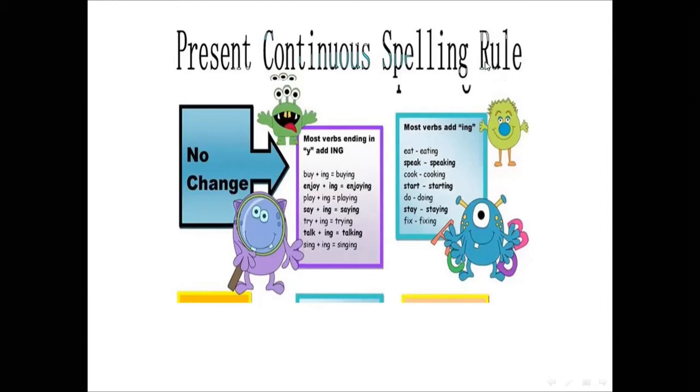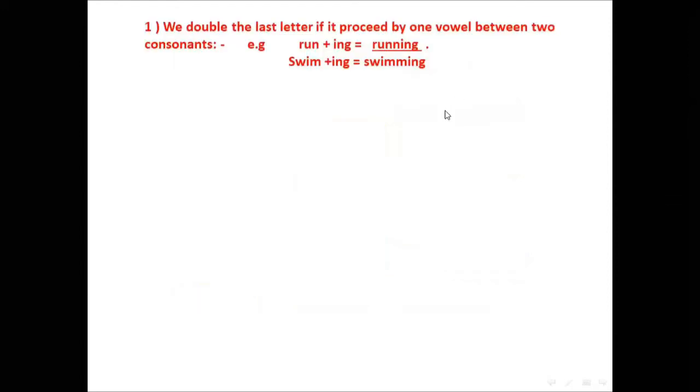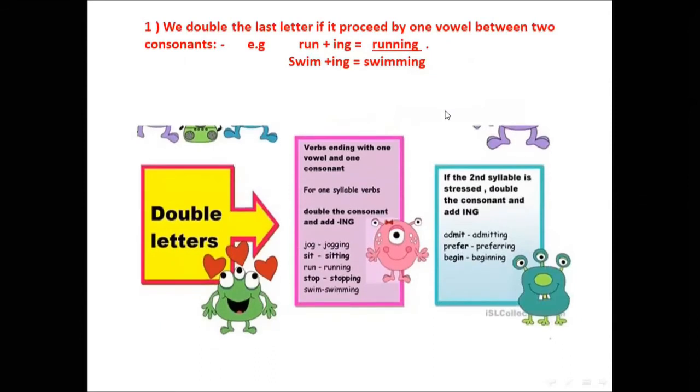Now, here are the rules that I explained, but here double letters هون مضاعفة الحرف الأخير طبعا. As I said, we have one vowel between two consonants: jog, jogging, sit, sitting, run, running, stop, stopping, swim, swimming. We double the last letter.